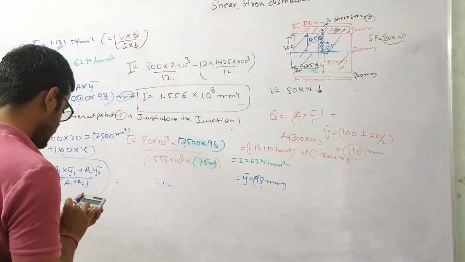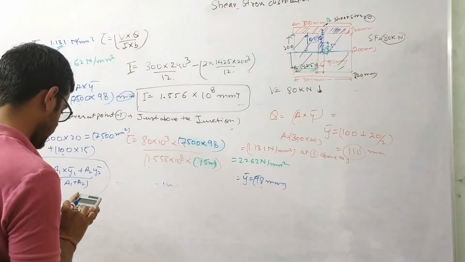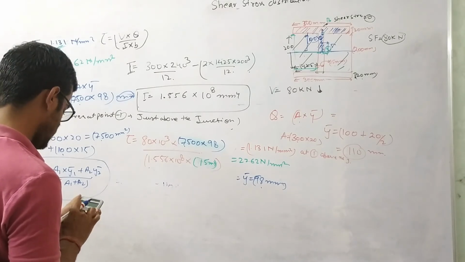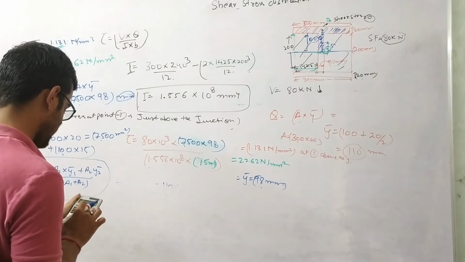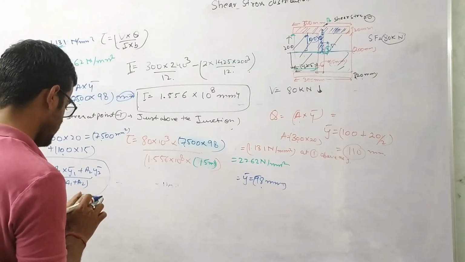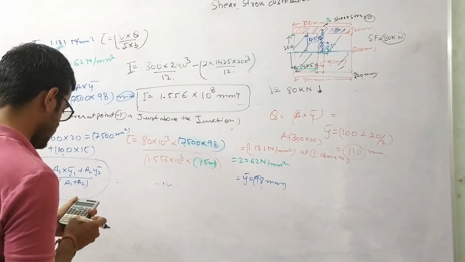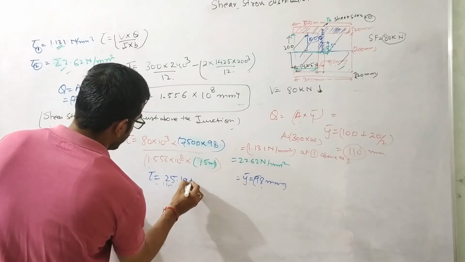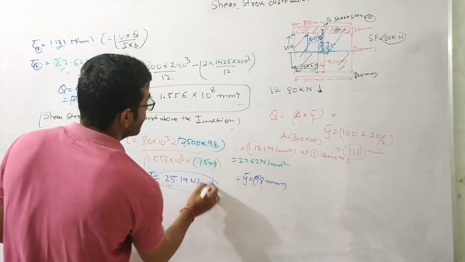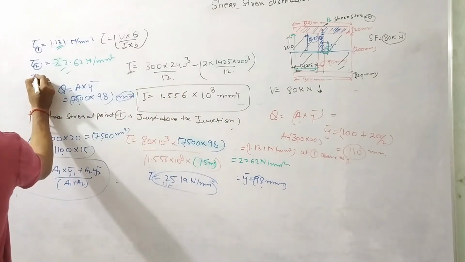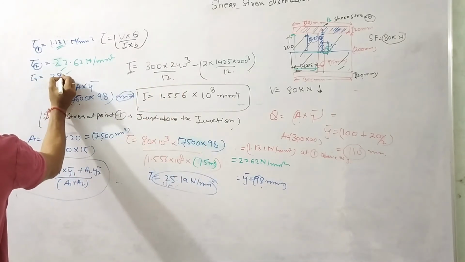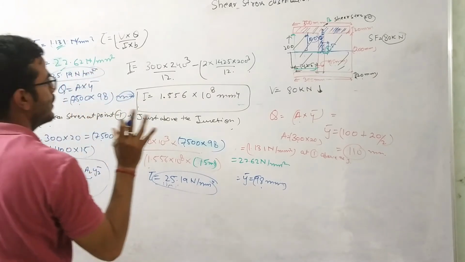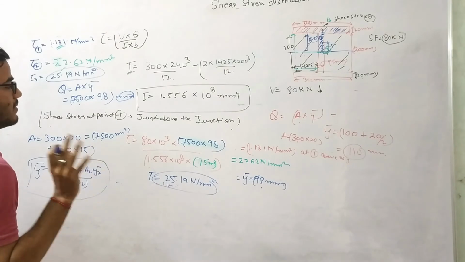So if I calculate tau, it comes out to be 25.2 Newton per mm square. So at the neutral axis level, that is tau 3, the shear stress will be 25.19 Newton per mm square.